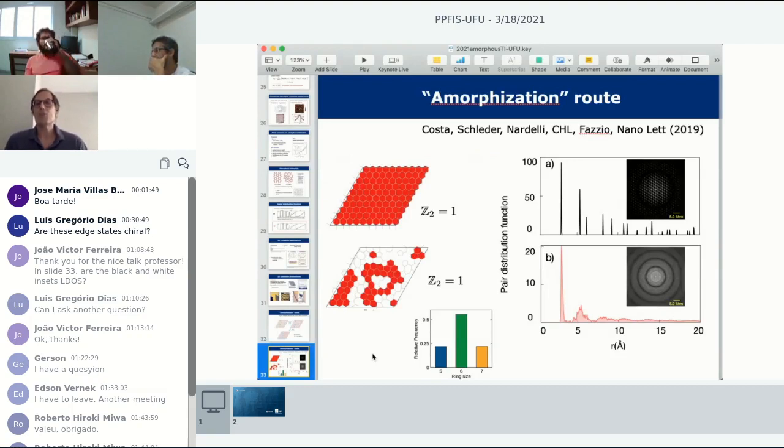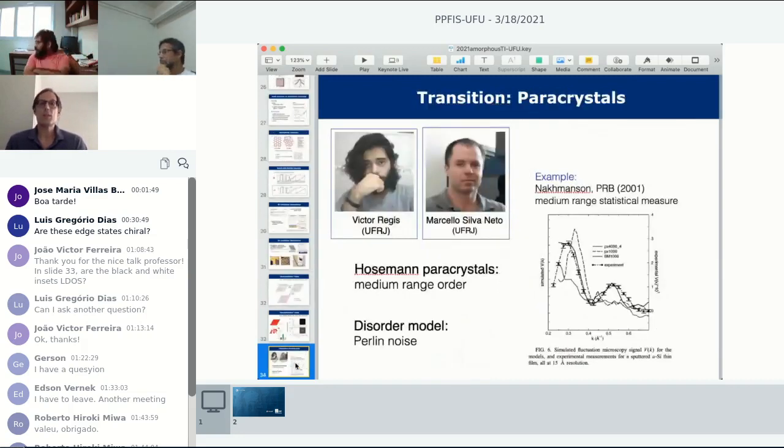If you go ahead, you actually destroy the amorphous phase. And so that was the thing. Incidentally, just a very short parenthesis, and this is on the way. Concerning amorphization, recently we learned with these guys that there is a whole class of paracrystals that live in the world between really clean systems and amorphous.